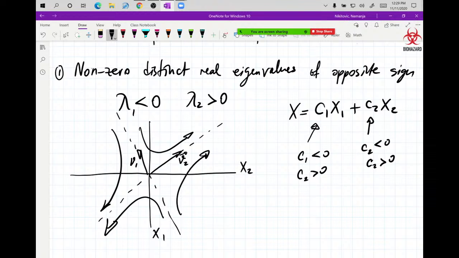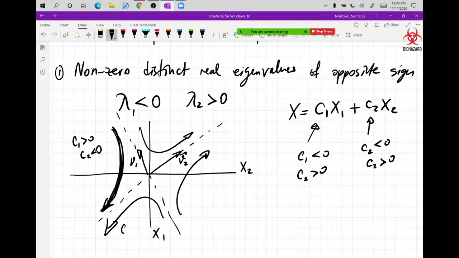And that is given by if your C1 is bigger than 0 and your C2 is less than 0, then you have this curve all the way to the left to be the solution for your case.